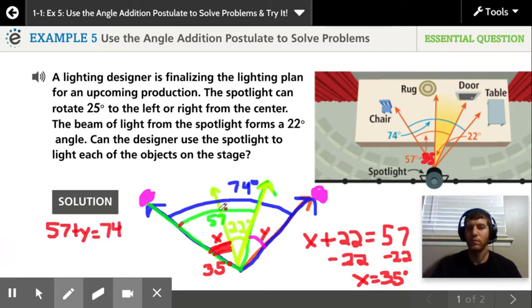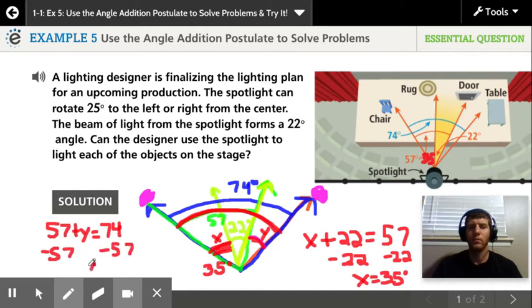This piece plus this piece should give us the whole thing: the 57 and then the y should add together to 74. So we subtract 57 from both sides.